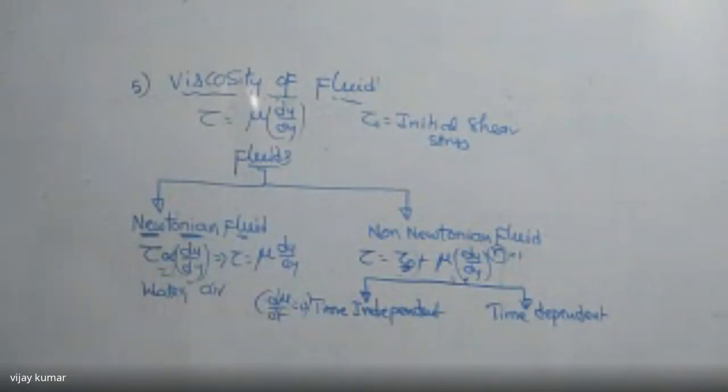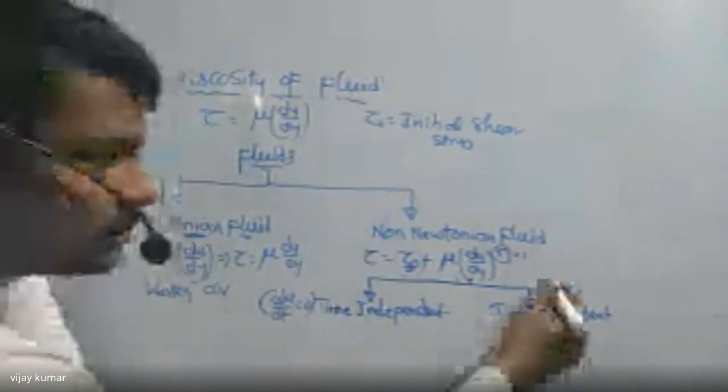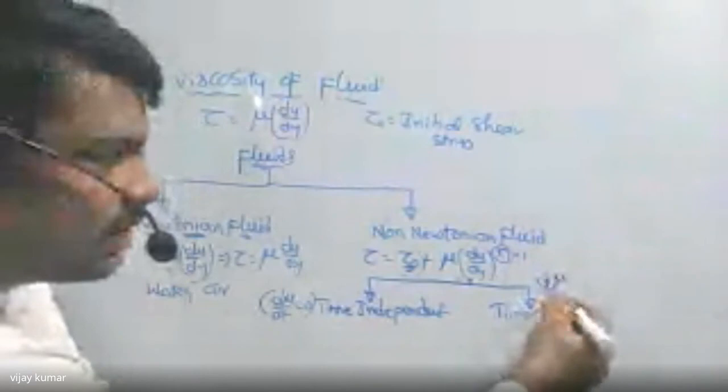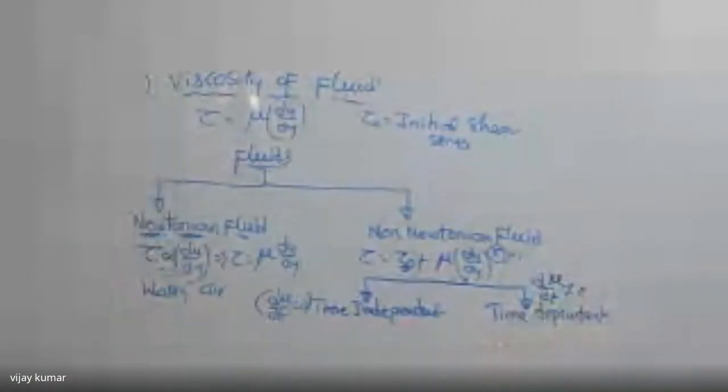That is, viscosity remains constant. There is no change in viscosity with respect to time. That fluid is named time independent fluid. A time dependent fluid, simply, is one whose viscosity varies with respect to time, that is, d mu by dt is not equal to 0.